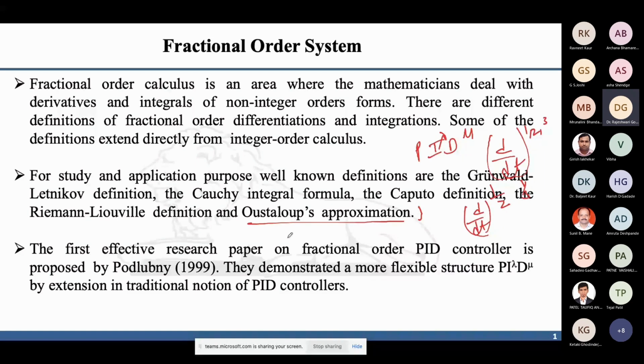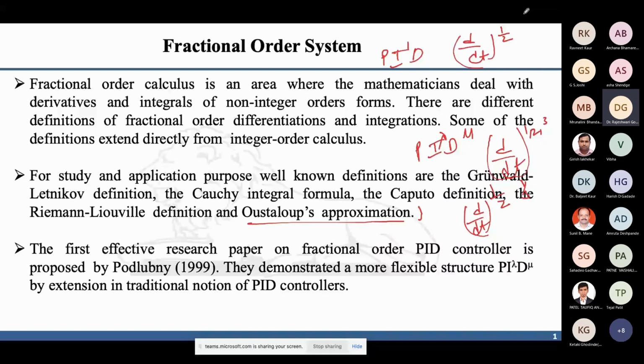The famous controller is the PID controller, right? The PID controller has d by dt, the derivative, with power 1, 2, 3 likewise. But in a fractional order system, we have a power with fractional order, right? 1 by 2, 1 by 3, likewise also.